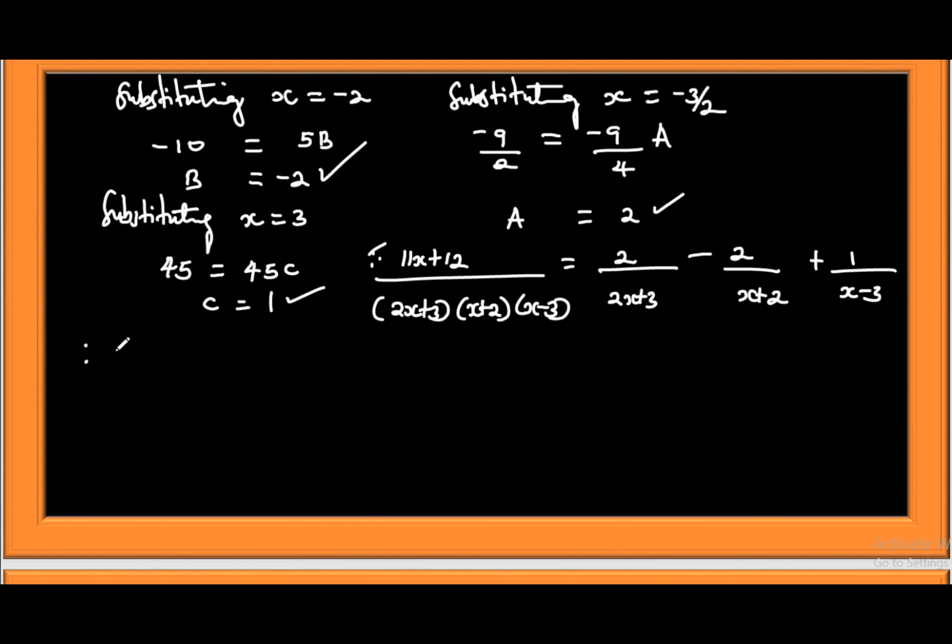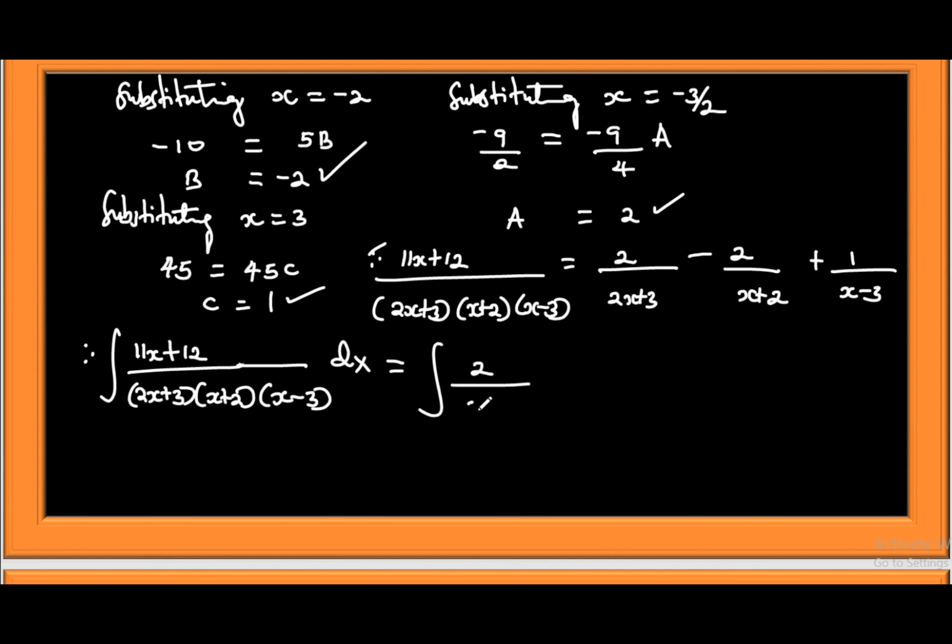So I can comfortably say that now integral of 11x plus 12 divided by 2x plus 3 into brackets x plus 2 into brackets x minus 3, all this with respect to x, is just equals to integral of 2 divided by 2x plus 3 with respect to x minus integral of 2 out of x plus 2 with respect to x plus integral of 1 out of x minus 3 with respect to x.